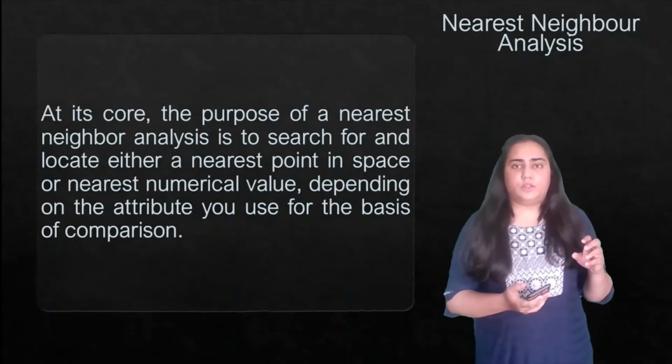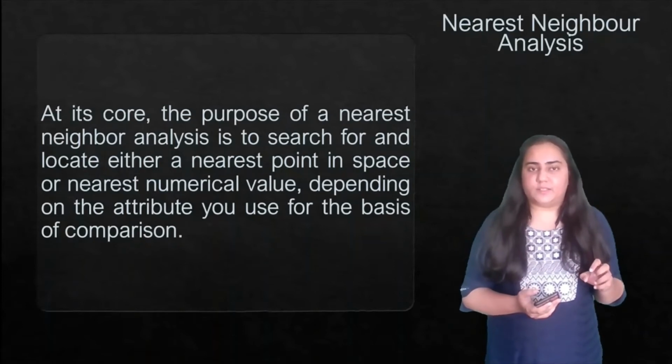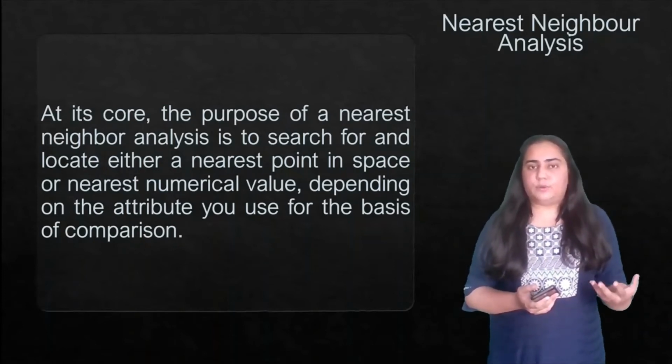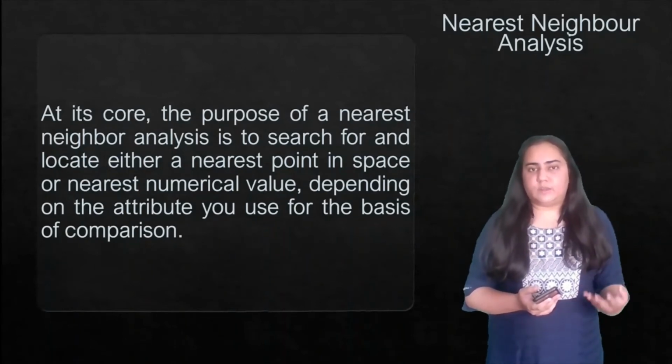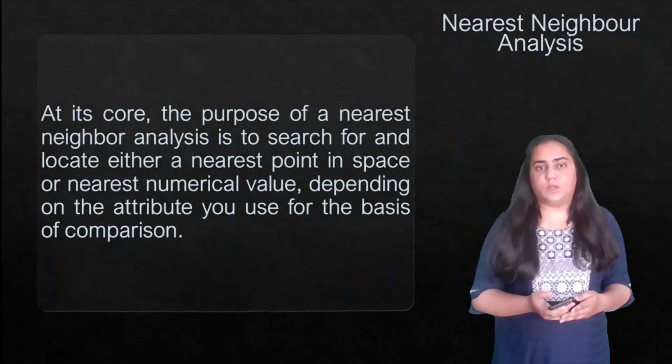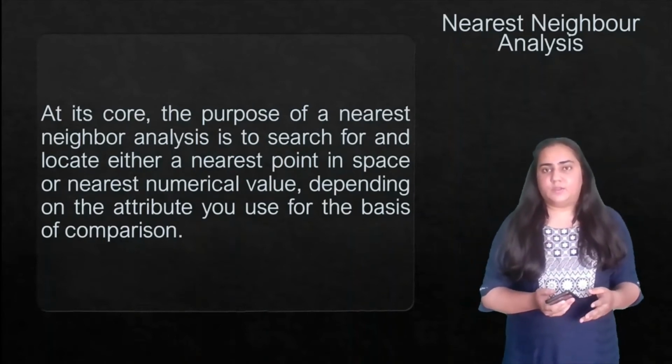So you want to locate a point which is nearest to the point that you're studying. It should be the nearest numerical value to the point that you're trying to study or compare. So that is what nearest neighbor analysis does.